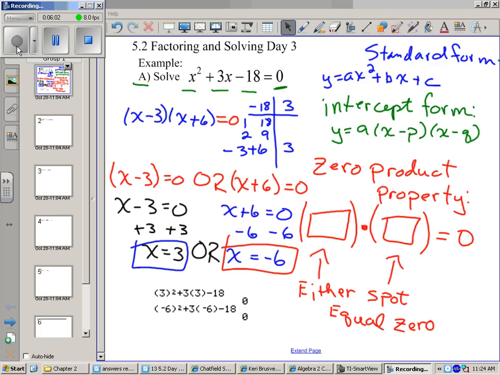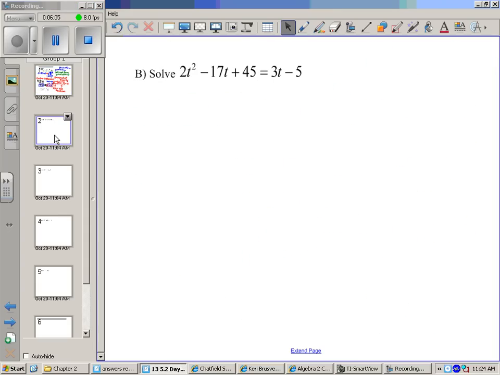Let's try another example. Letter B, solve 2t squared minus 17t plus 45 equals 3t minus 5. For this to work, you need to remember that I have to first get it into standard form first. Is it in standard form where it equals 0? The answer is no. So let me go ahead and get this so it equals 0.